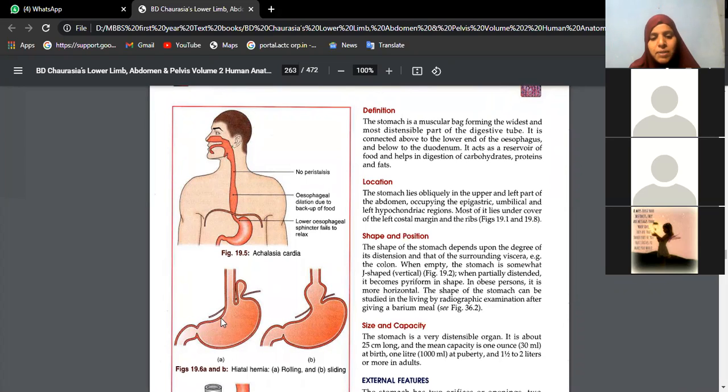Along the lesser curvature, we have a canal through which liquids directly enter the duodenum. Suppose a person consumes alcohol or some beverages, the lesser curvature will receive more insult and damage, leading to gastric ulcer.